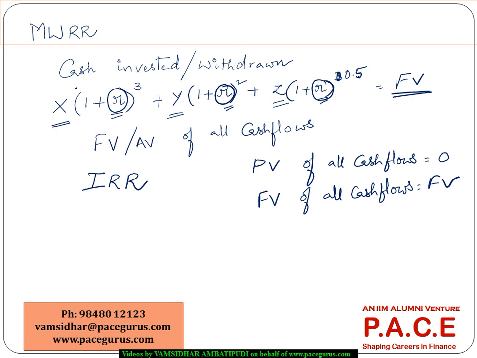The weightage is given more to the cash flows here. Where cash flows are very high, the money weighted rate of return will be more compared to the time weighted rate of return, because of the way the time weighted rate of return gets computed.